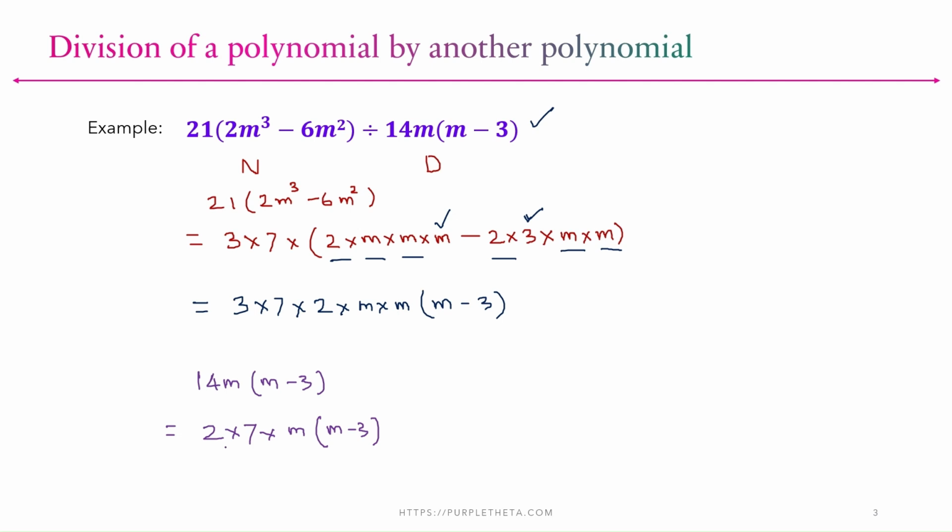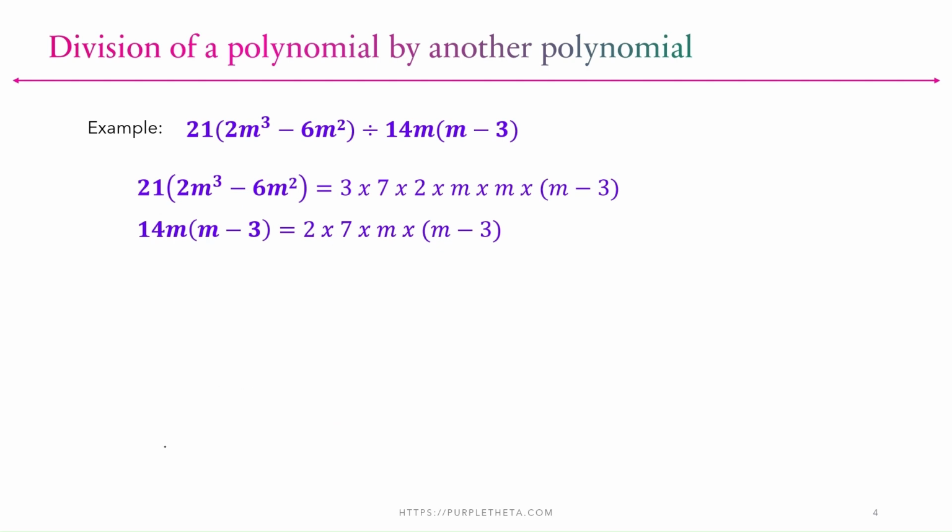Now in order to perform division, we need to compare numerator and denominator and cancel common factors. Okay, I will move to next screen. Okay, so this is what we have seen so far. 21 multiplied by, in a bracket, 2m cube minus 6m square is written like this when we factorize it, and 14m multiplied by, in a bracket, m minus 3 can be written like this when we factorize it, right?